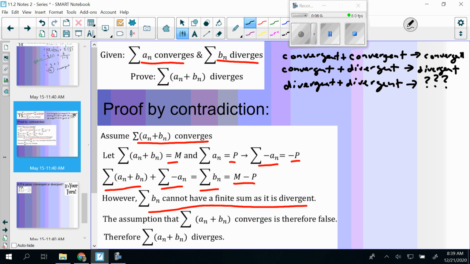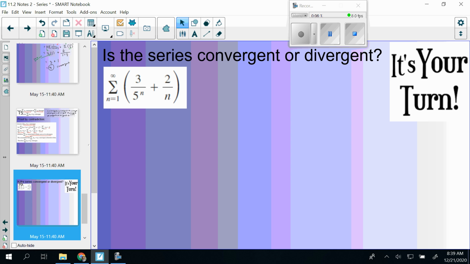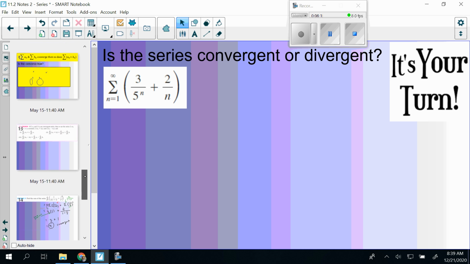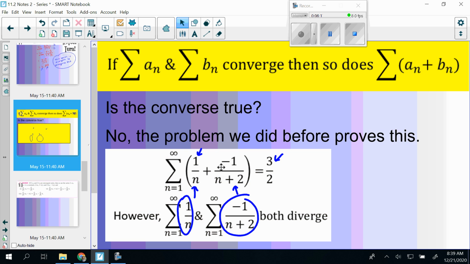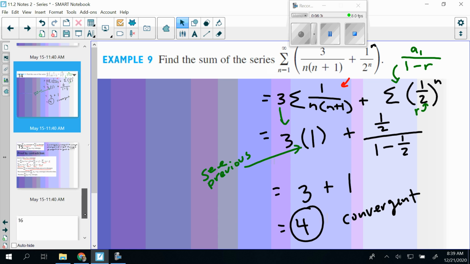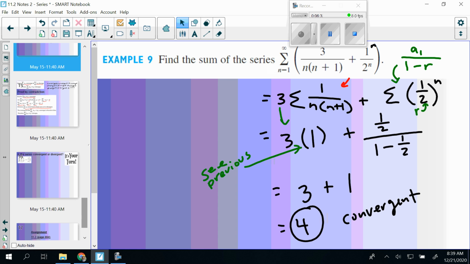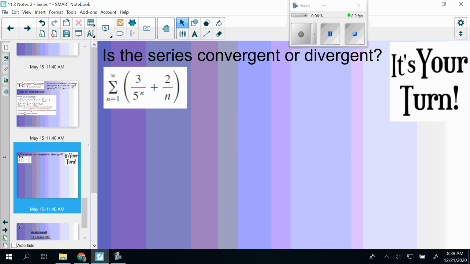You're going to have to do more tests, because it could be divergent, but as we saw earlier, just because you're adding two divergents, you could also get a convergent answer. So the two divergent one is the trickiest one. That's one where we're going to learn some more tests as we go that you can use to figure out whether that's going to be convergent or divergent.